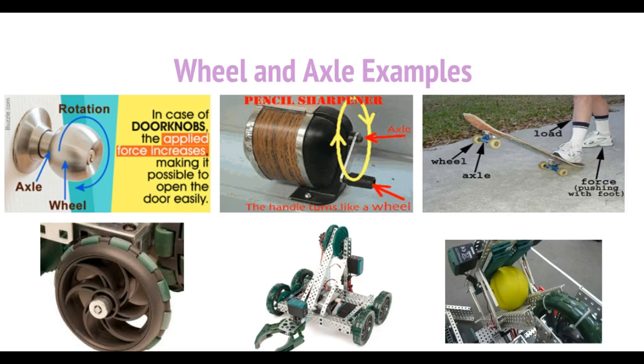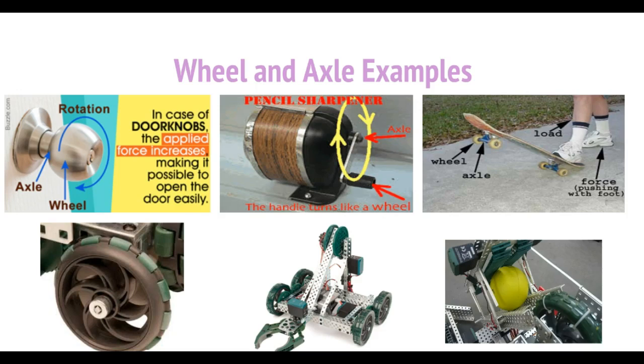But as you know, in our day and time, we're accustomed to using a doorknob. And if you didn't know, now you know. What makes that doorknob work is a simple machine, a wheel and axle. The rotation of the doorknob is what turns, and then you're able to pull it, which makes it easier for you to open up the door.